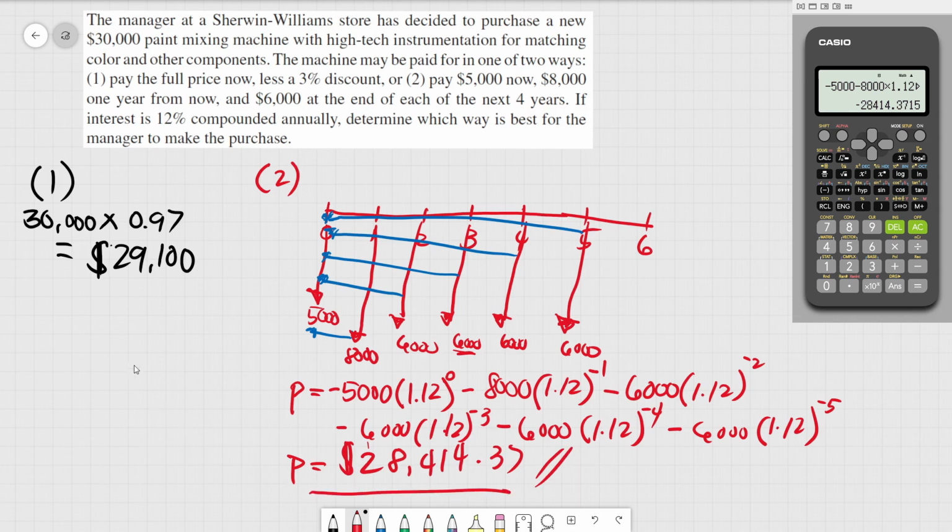So, comparing the two, no, 29,100 yung mode 1 and 28,414.37 dollars naman sa mode 2. Best way for the manager to make the purchase is by using the second choice, no? Choose mode 2. So, yun lang yung application natin. So, see you sa next video.